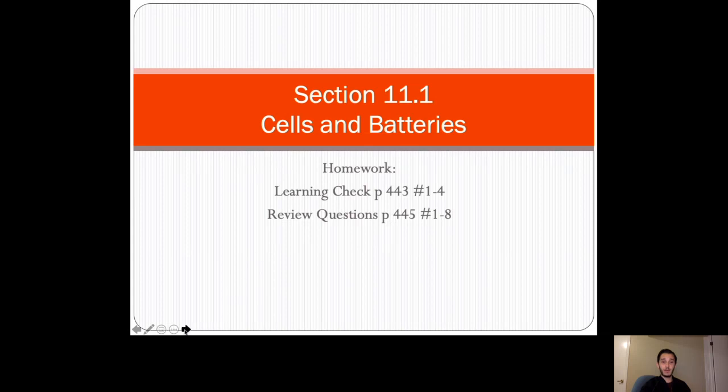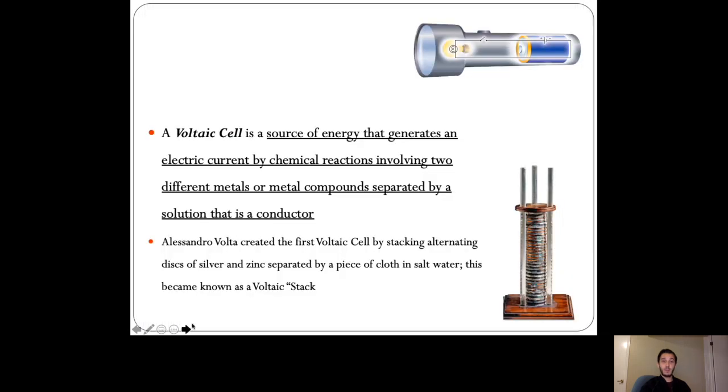A voltaic cell is a source of energy that generates an electric current by chemical reactions involving two different metals or metal compounds separated by a solution that is a conductor. So it's basically a chemical reaction that can generate some kind of electric current. In other words, it can cause electrons to move through some kind of conductor, some kind of wire.